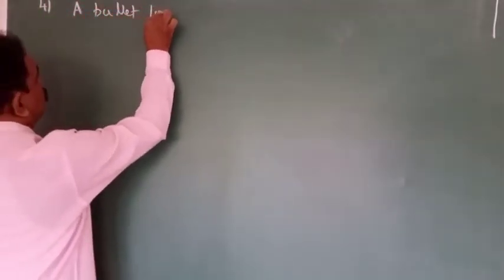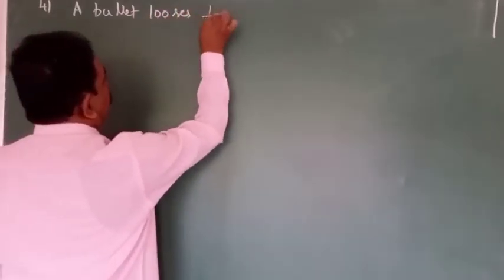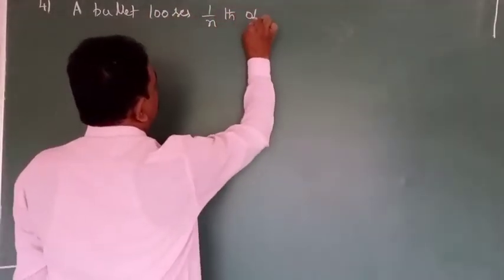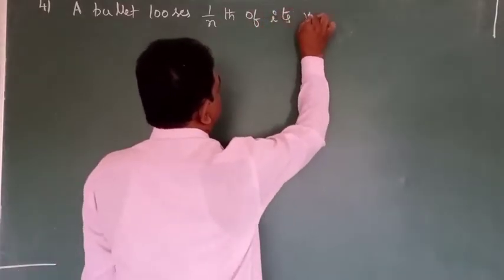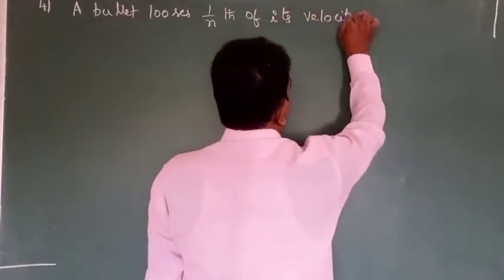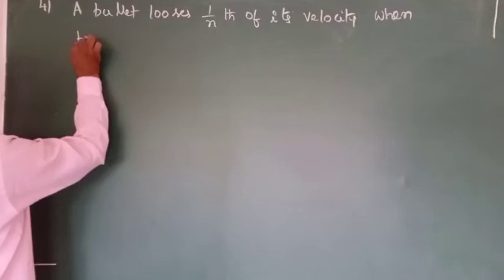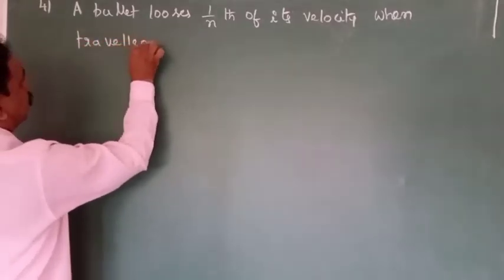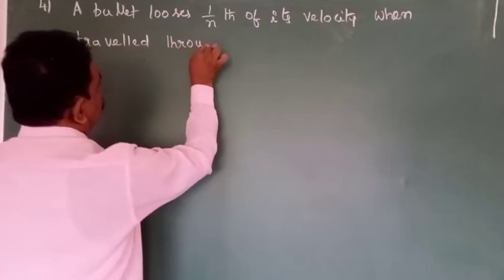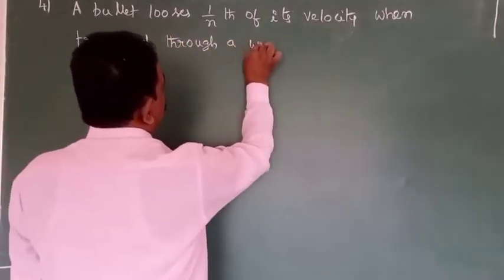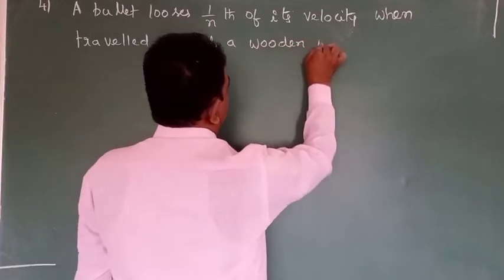Some more shortcuts are there in horizontal motion. Write that one. Fourth one: a bullet loses 1 by nth of its velocity when traveling through a wooden plank.